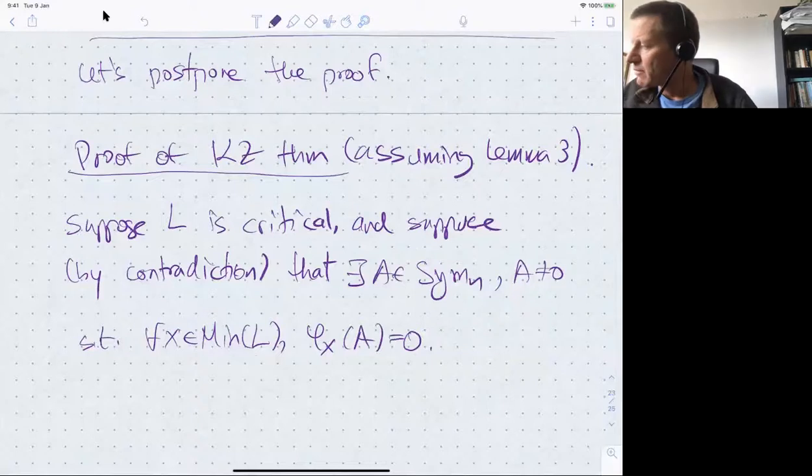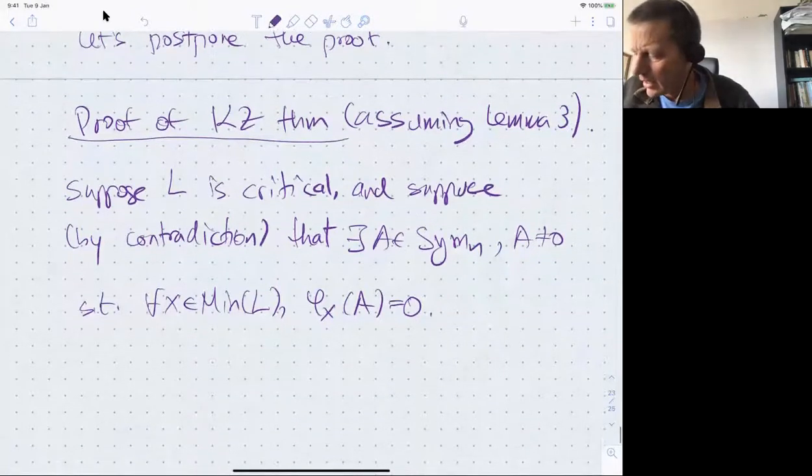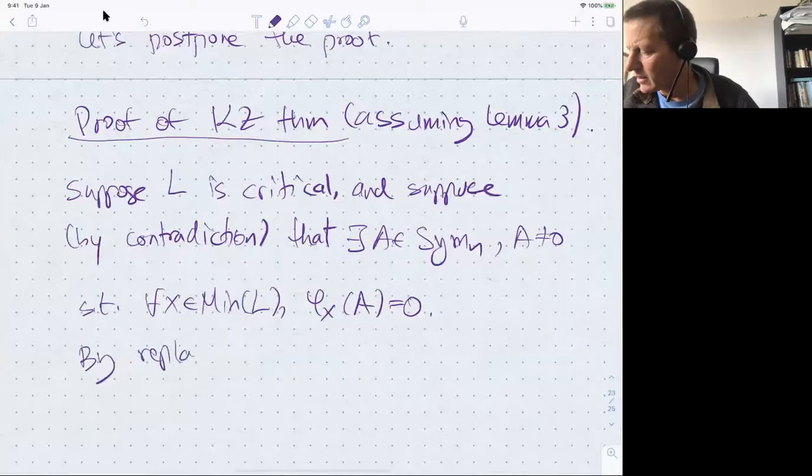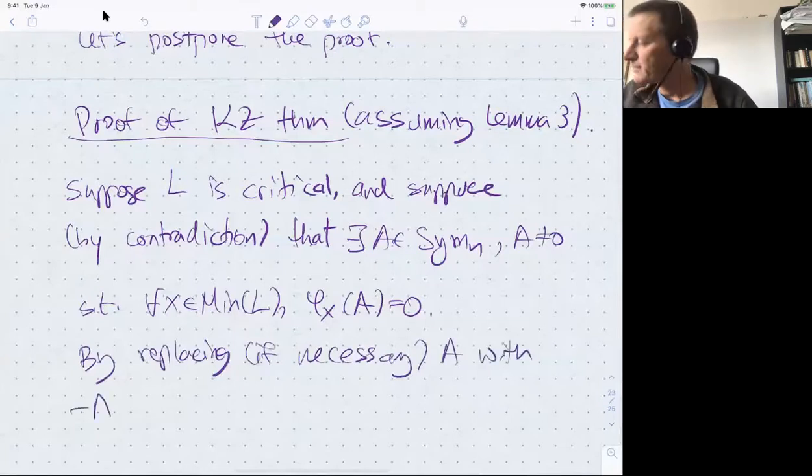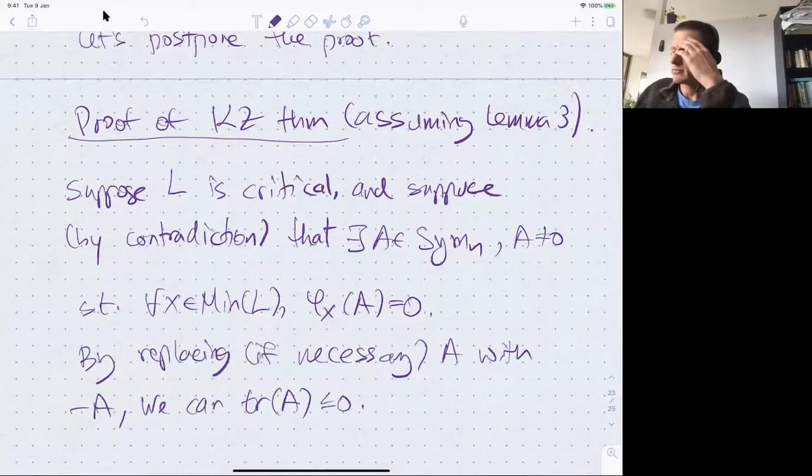So by replacing A with minus A, if necessary, we can assume that the trace of A is not positive.